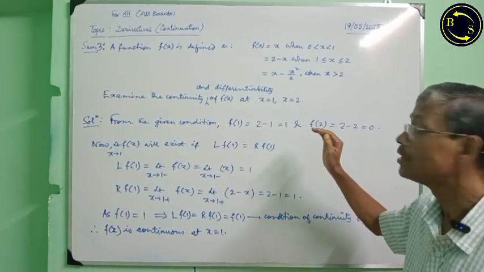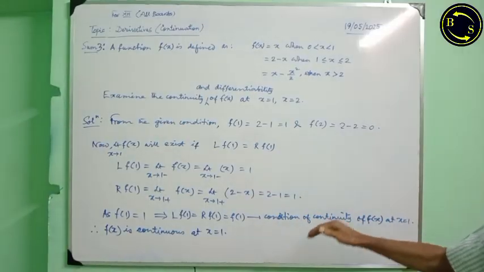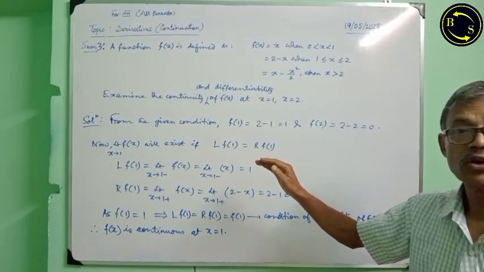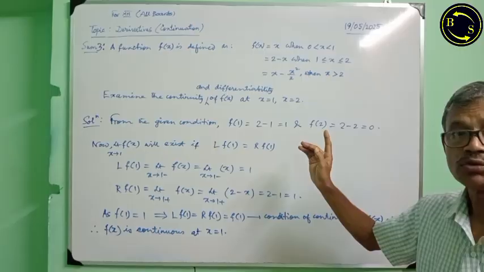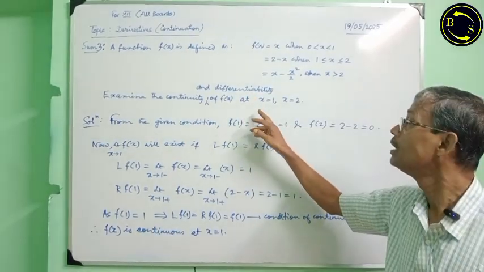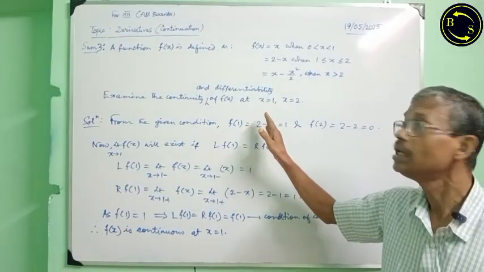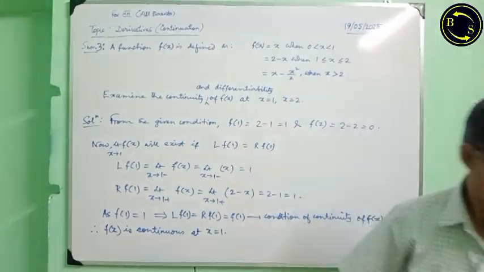It is suggested that you yourself follow these steps and show the continuity of f(x) at x equal to 2. I am discussing the differentiability of f(x) at x equal to 2, not at x equal to 1. That will be done by yourself.